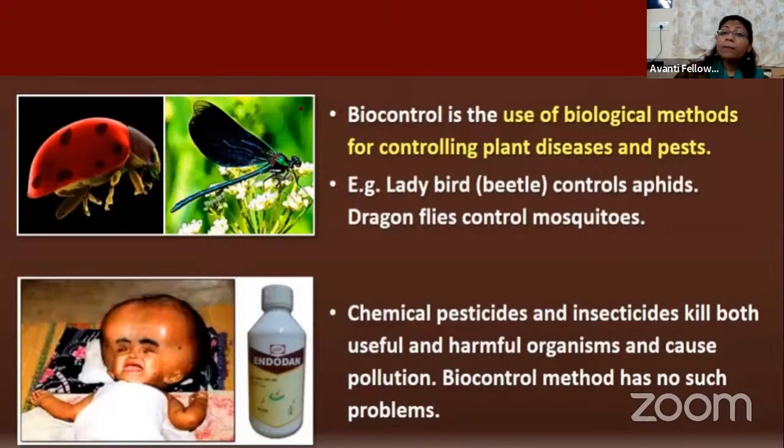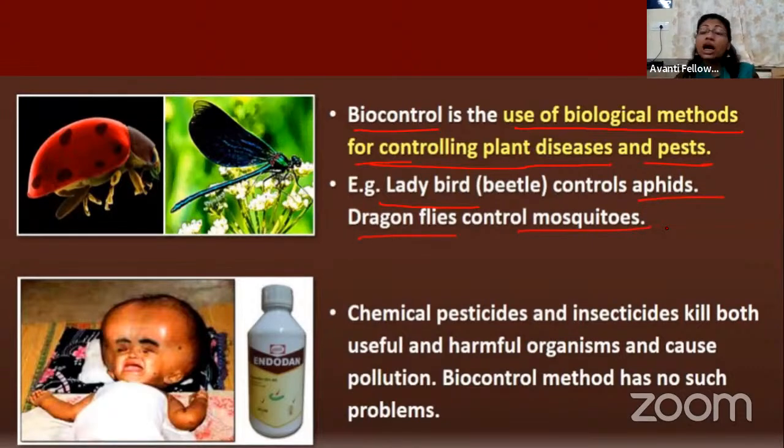Biocontrol is the use of biological methods, using organisms for controlling plant diseases and pests so that the crop will not get destroyed. Specifically, we use ladybugs, which control aphids, and dragonflies, which control mosquitoes because they feed on the larvae of mosquitoes, right?